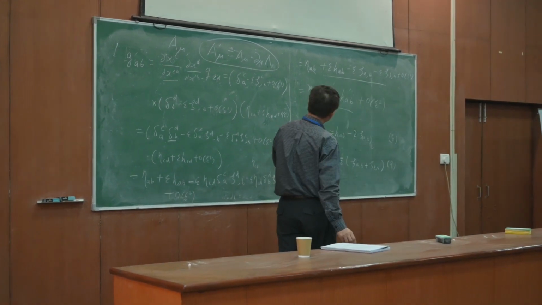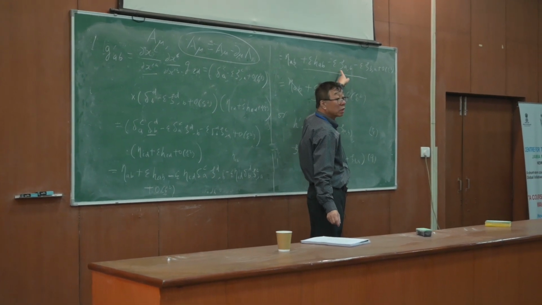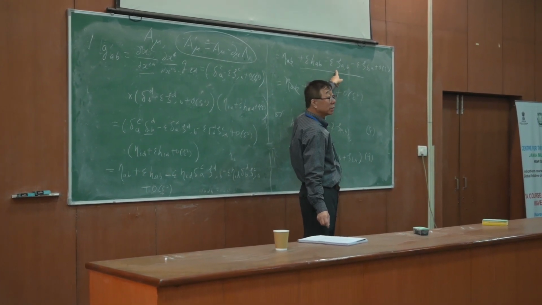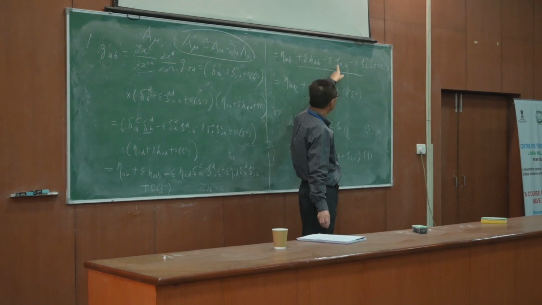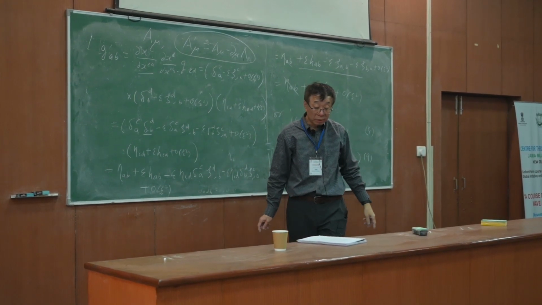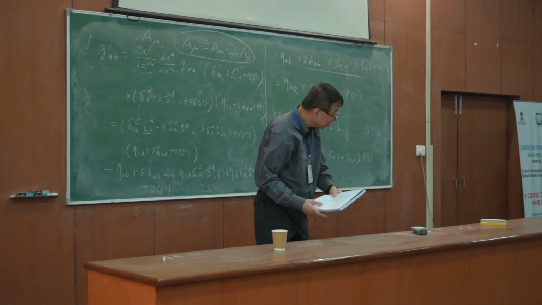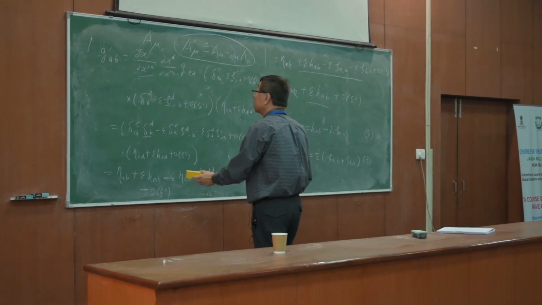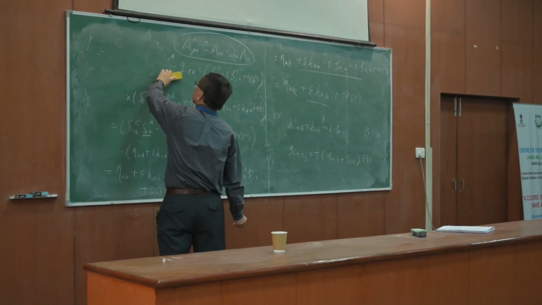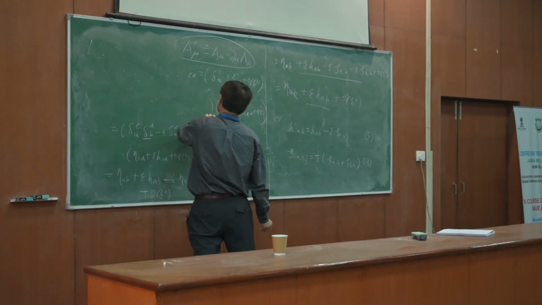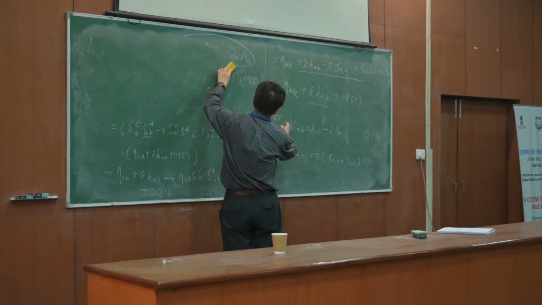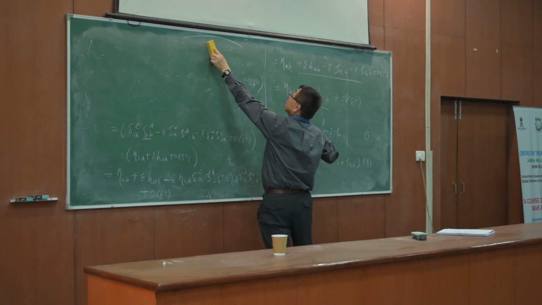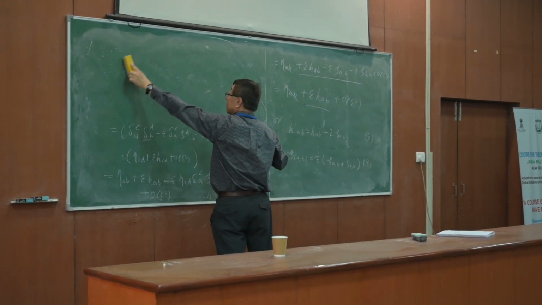So now this function I have has four components, a vector, right? 1, 2, 3, 4, four actual functions. I'm going to use this gauge freedom to fix this.